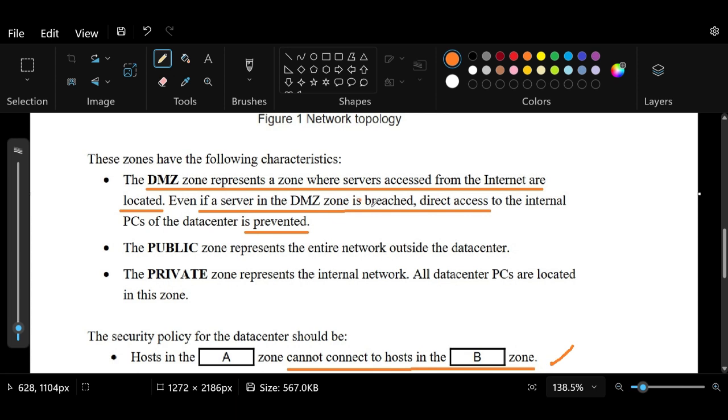And it says here that because the public zone represents the entire network, then the DMZ zone gives us only the servers that are accessed by the other zone, in this case the private zone. Okay, so this one is a smaller zone than the public zone.